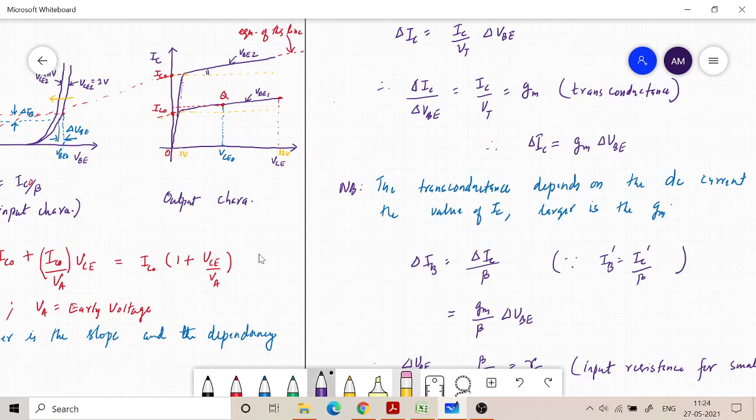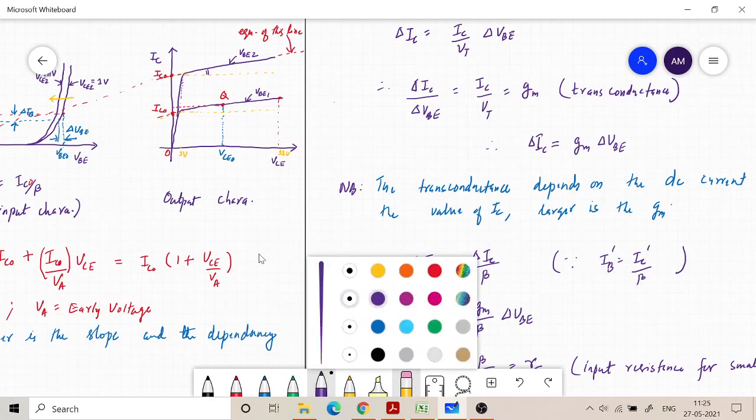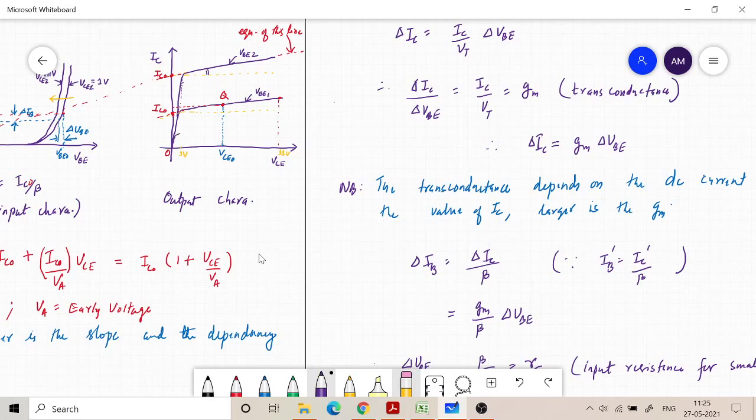And similarly, if I continue to draw one more curve here, this will be even more flat. So the slope increases; here the slope is even smaller, then it has become bigger, and then even bigger. So the slope is not the same for every curve. It increases as you operate at a larger VBE value.